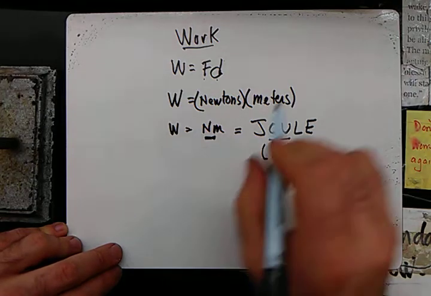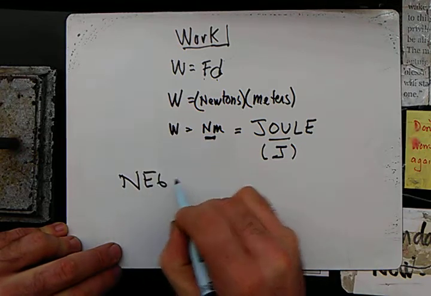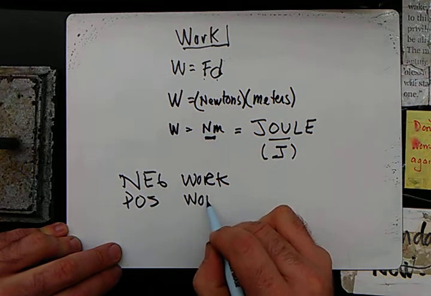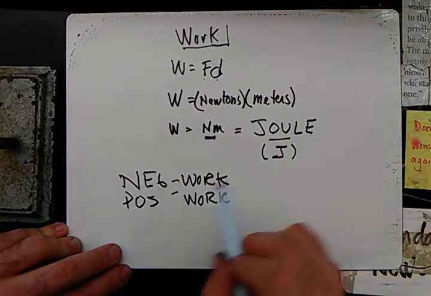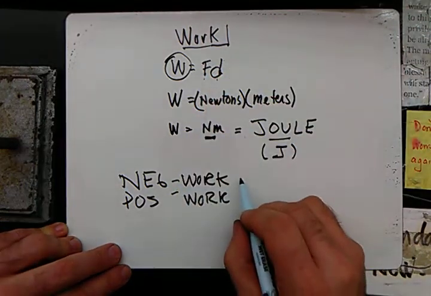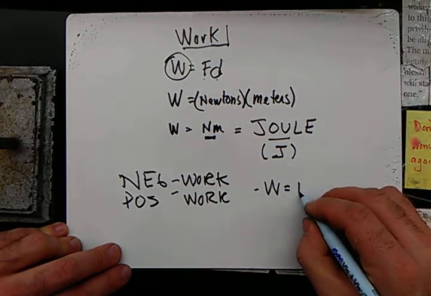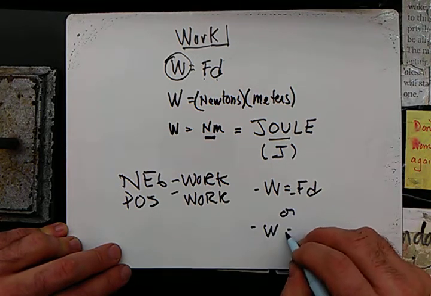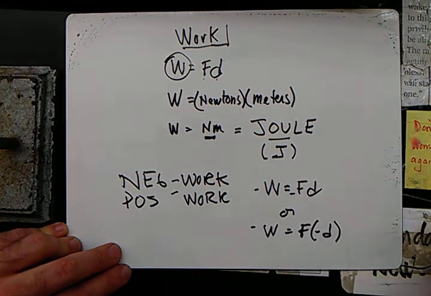And if you're looking through the notes, you're going to see that there's something called negative work and positive work. Don't get too hung up on these ideas. They can be confusing. Just realize that in order for work to be negative, we've got to have a negative force or a negative distance, or displacement.